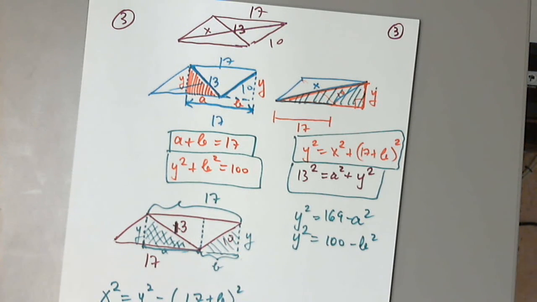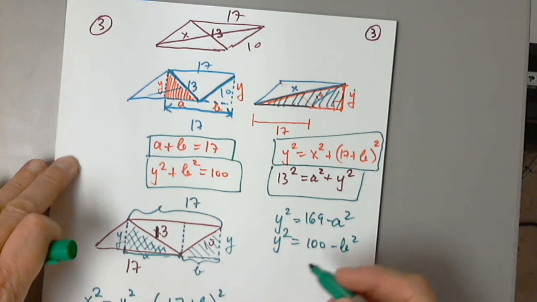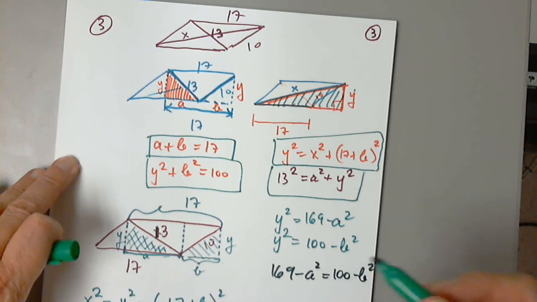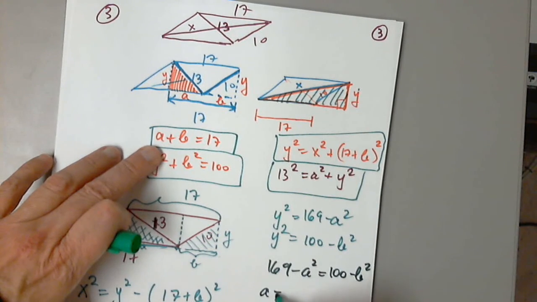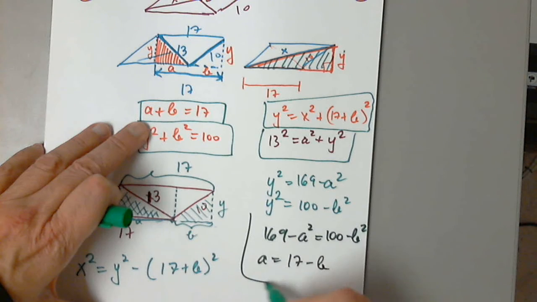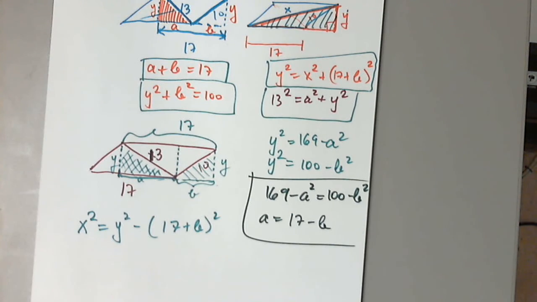And let's see, the next step. So I have that 169 minus a squared equals 100 minus b squared. And from here, I say a equals 17 minus b. From this system, when I'm done, I should get a and b. So I will use substitution, and I will replace a by 17 minus b, perform the operation, and see what I get.